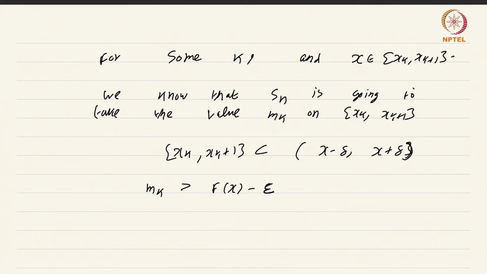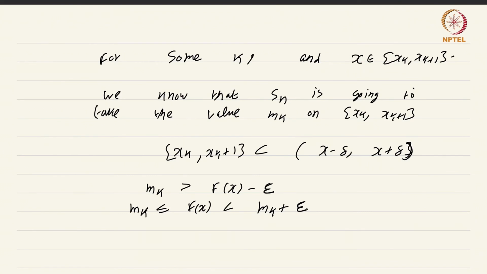So in other words, f of x is less than mk plus epsilon, and we obviously have that mk is less than or equal to f of x, simply because mk was obtained by taking the infimum on this interval xk plus 1, and x is an element of this.